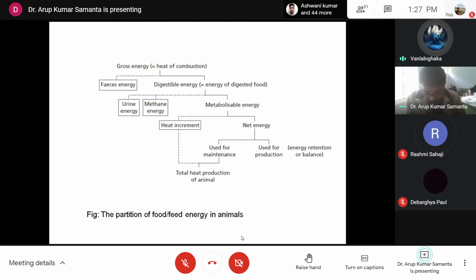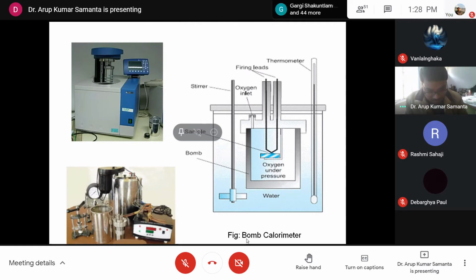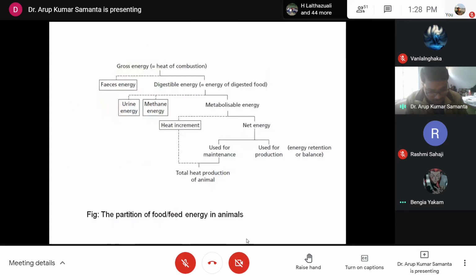Yes, sir. Why did you not inform me just five minutes before? Oh, sorry. I could not see these things because I had hidden that one, that's why I am concentrating on this slide only. So now is it visible? You could see the bomb calorimeter or not? This one you have seen, no? But this one you have not seen. Now it is visible.